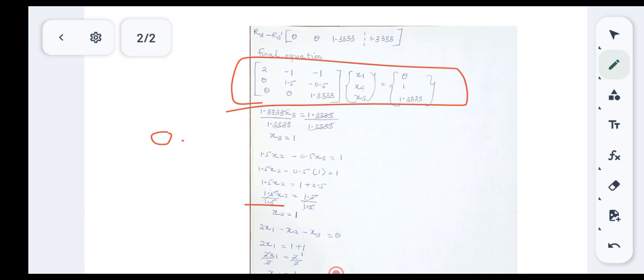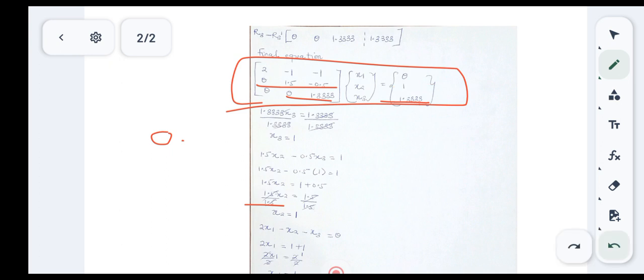Sorry, excuse me. Okay, so now we can find the values of x1, x2, x3. Those are the unknowns. You can only do that by re-equating this to this, then we equate this to this, then we equate this to this, right?